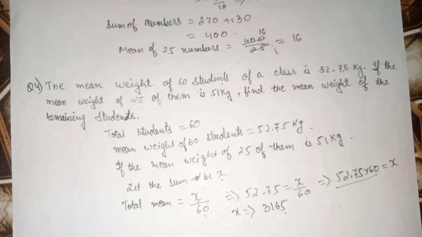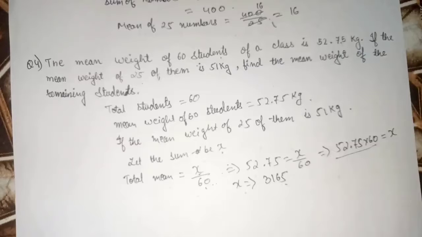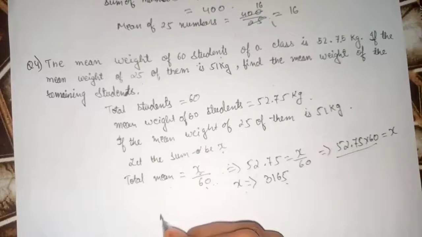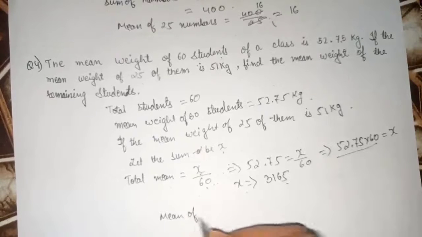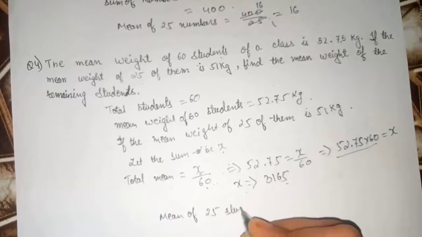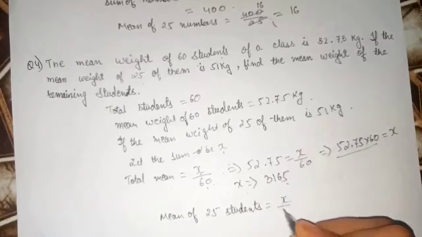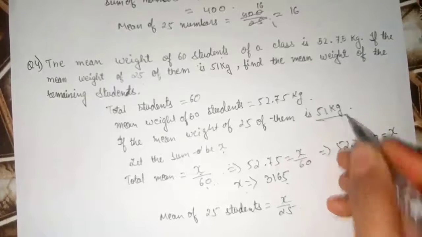Okay, so the mean of 25 students was 51 kg. So we will write here the mean of 25 students equals x by 25, but it is given as 51 kg.